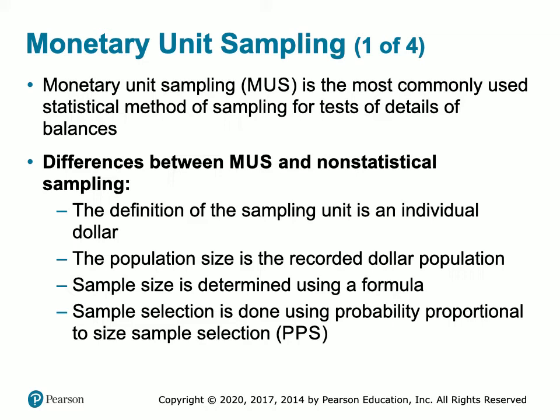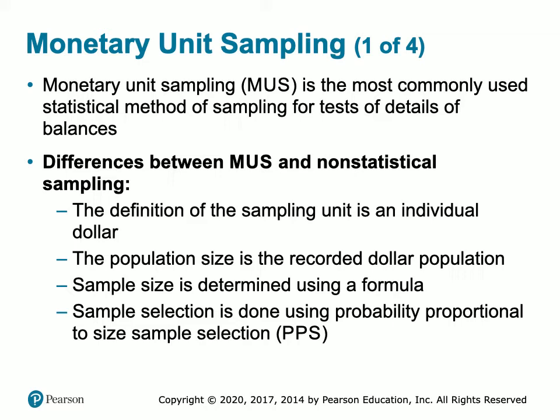So, for example, let's say you've got a $10 million population and you've got one item that's $2 million and your monetary unit is $50,000. Well, you're going to hit that $50,000 monetary unit 40 times, or maybe 39 times within that one invoice. But you only have to audit that invoice once.